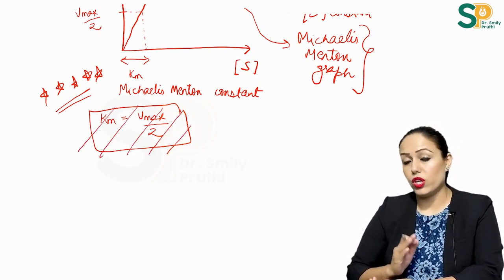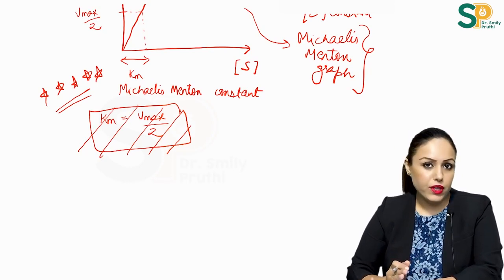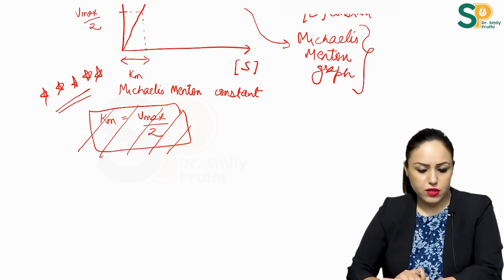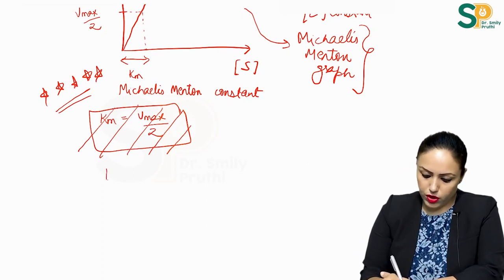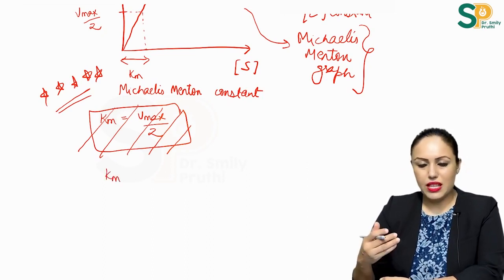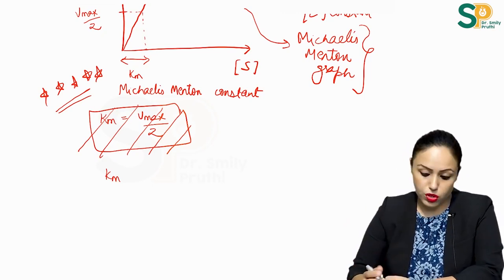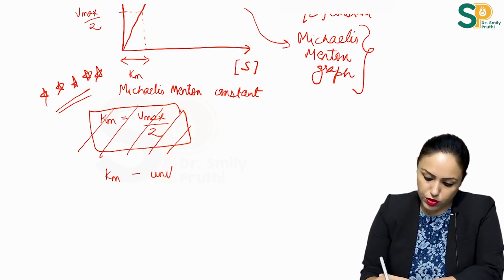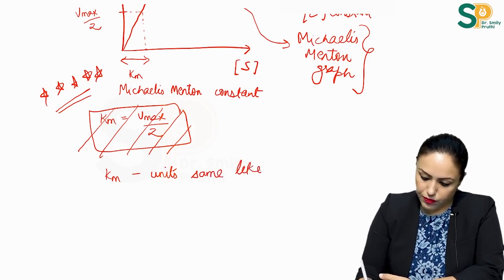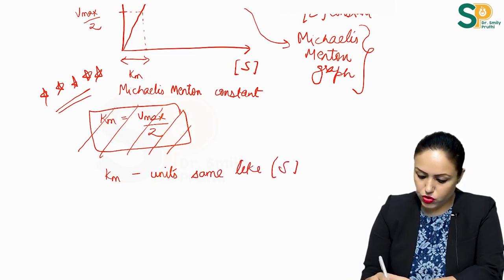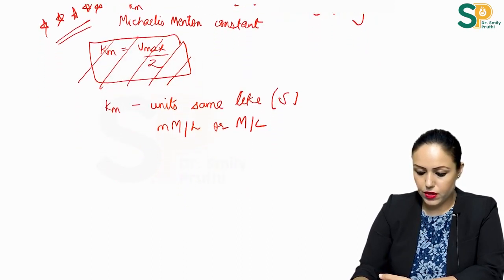We cannot put an equal sign between them. They have different units, right? What is the unit of Km? Km is on the x-axis, representing substrate concentration, so units of Km are the same as substrate concentration. It is millimoles per liter or moles per liter, right?